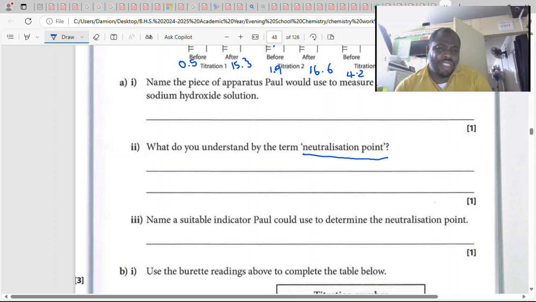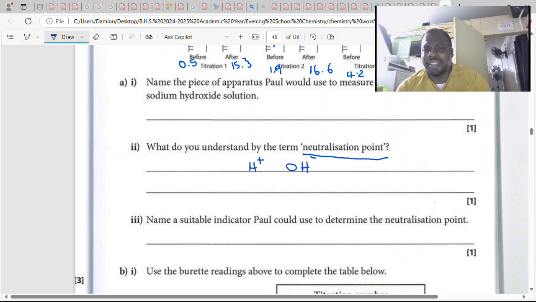Now the neutralization point would have been the point at which you have a situation where, and let's go back to acids and alkali. We know that the sodium hydroxide provides the OH. The acid provides the H plus. And in a neutralization reaction, you have a salt forming along with water.